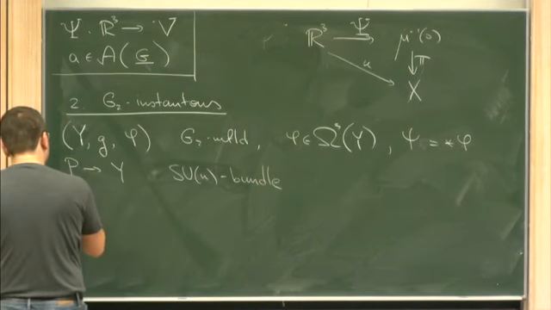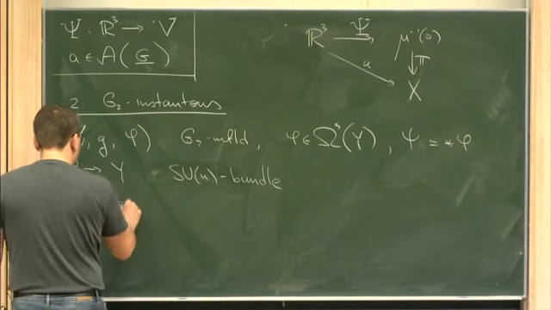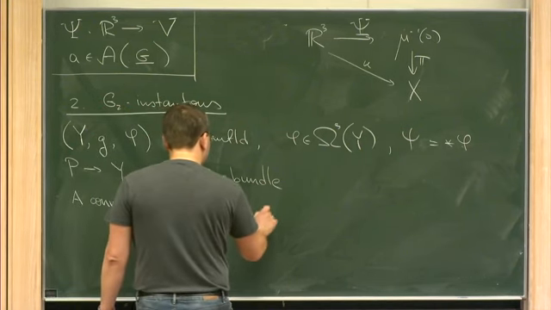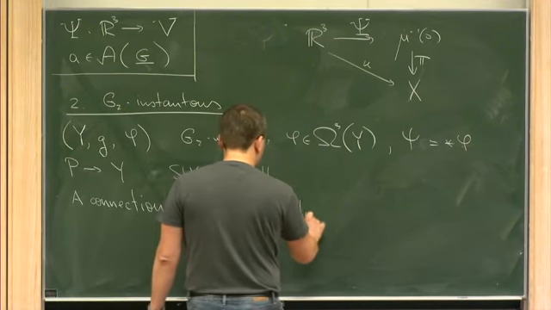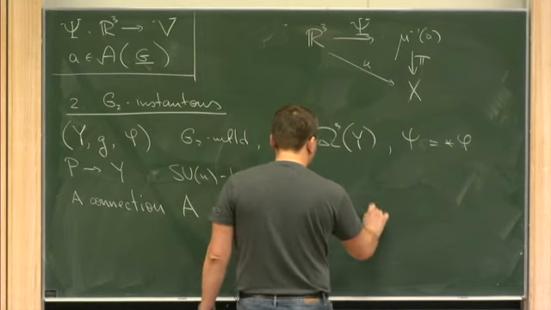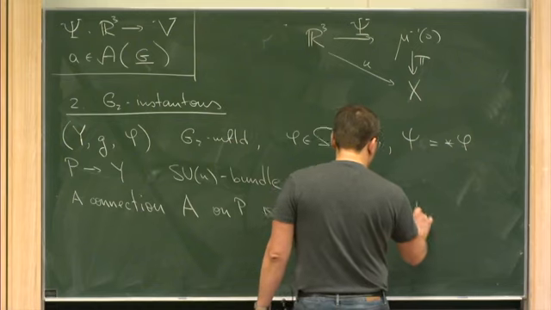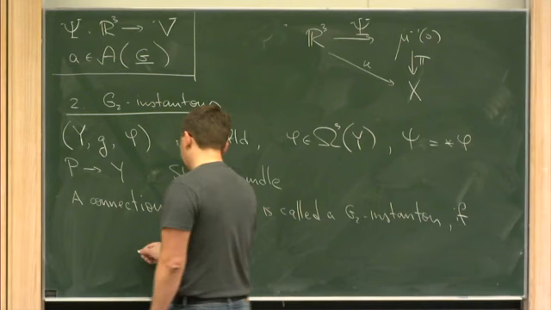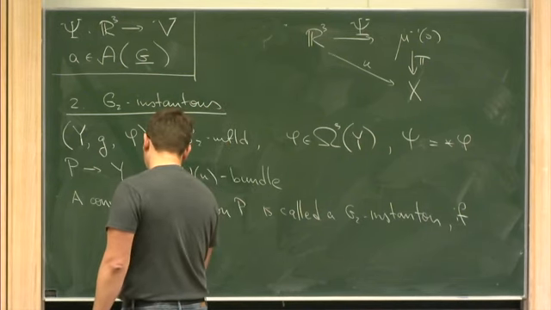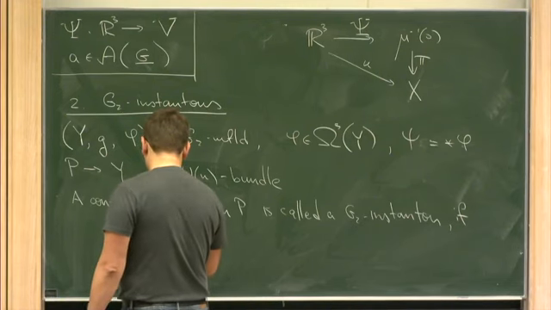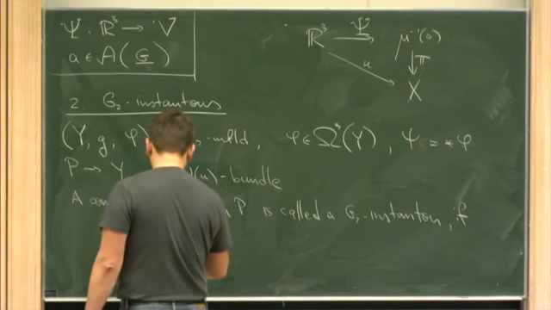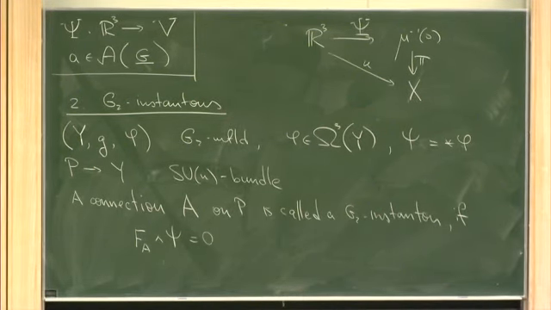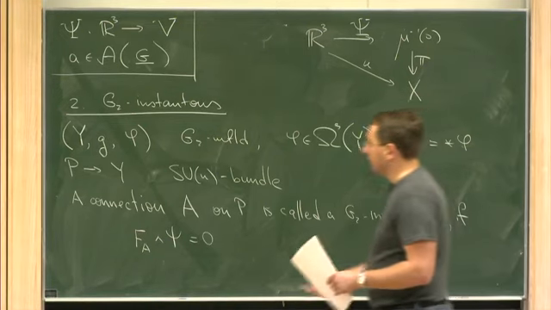And then a connection A on the bundle is called a G2-instanton if, what you do, you take the curvature of A and take the wedge product with psi, and you require that this is 0. So this equation just says that a certain component of the curvature vanishes.